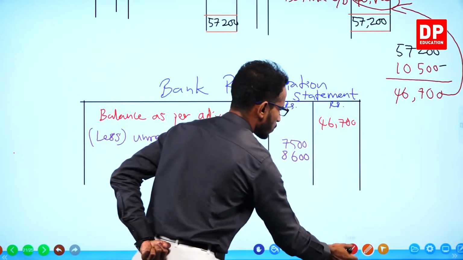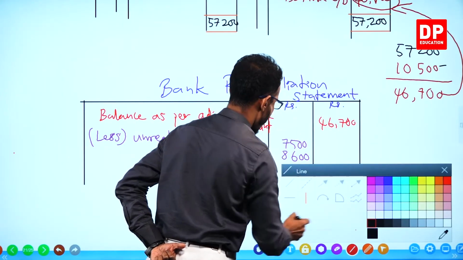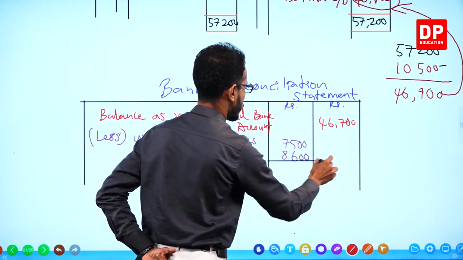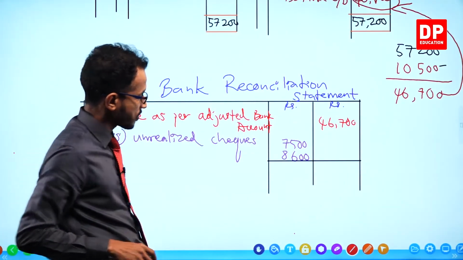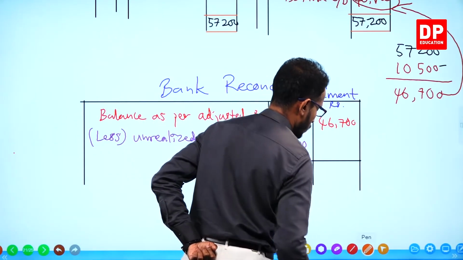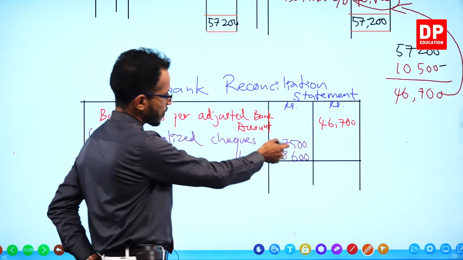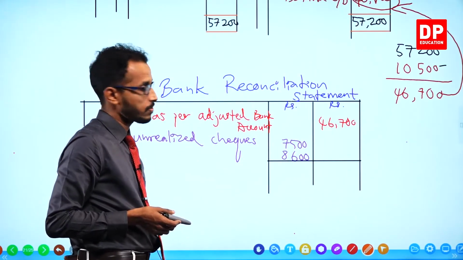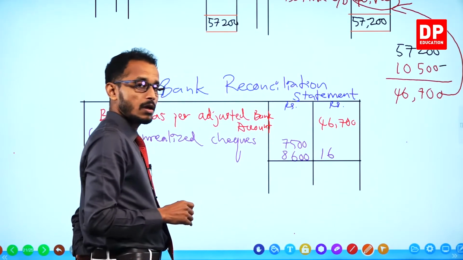Total should go to the next column to be subtracted. What is the total? 8,600 plus 7,500. 16,100.